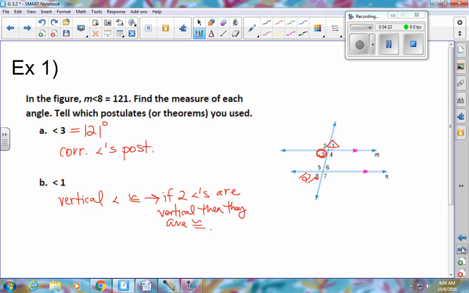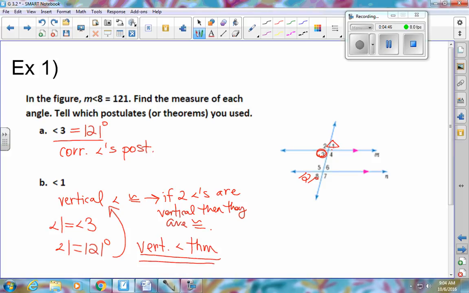So if angle 1 is what we're looking for, but we already know that angle 3 is 121, and angle 1 equals angle 3, well then that means angle 1 is also 121 degrees. So we would want to just say vertical angle theorem, because it does tell us to say which postulate or theorems we're using. Okay, so I'll let you guys finish writing.